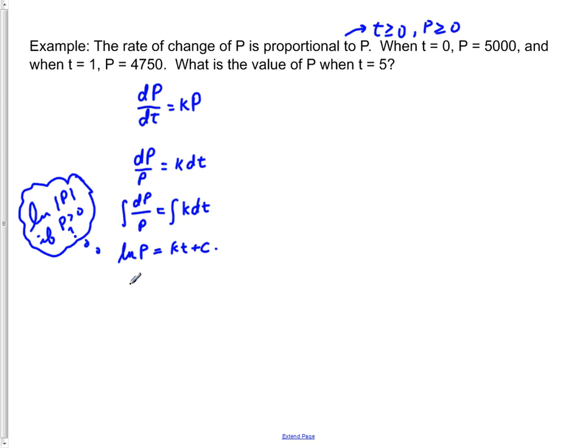All right, what does that mean to us? Well, that means that p itself, which is what we want to solve for, is going to equal e raised to the k times t plus the constant. Now a little bit of rewriting gives us this: p is equal to e to the k times t, times e to the c.